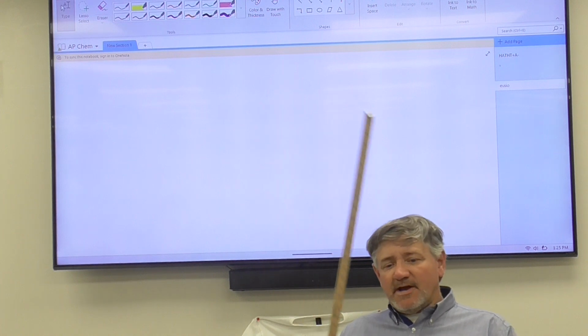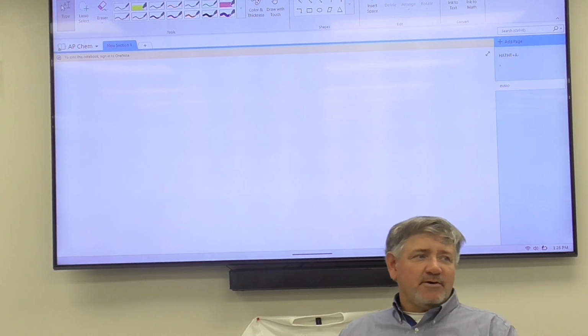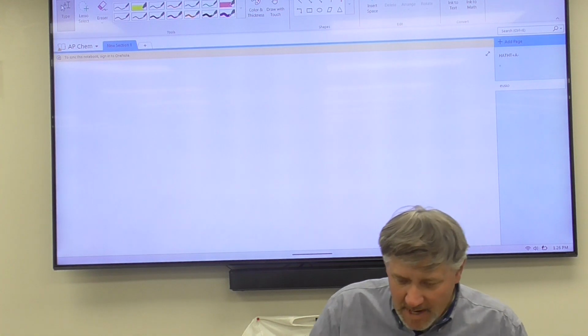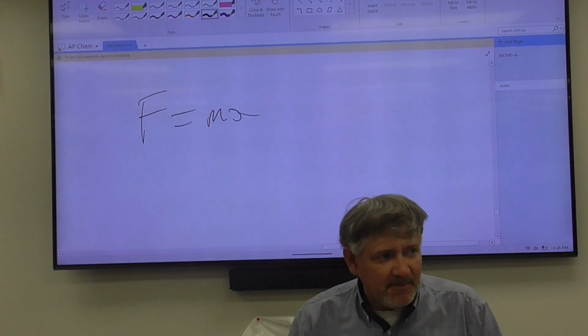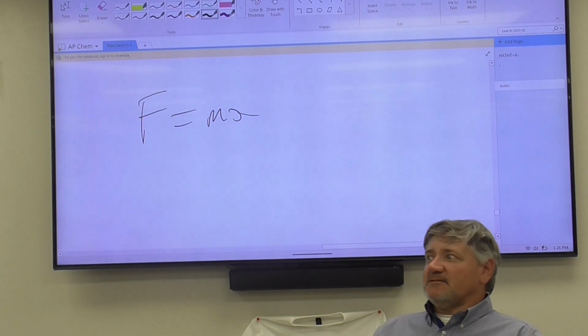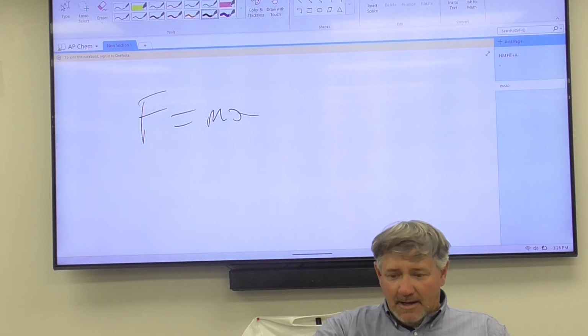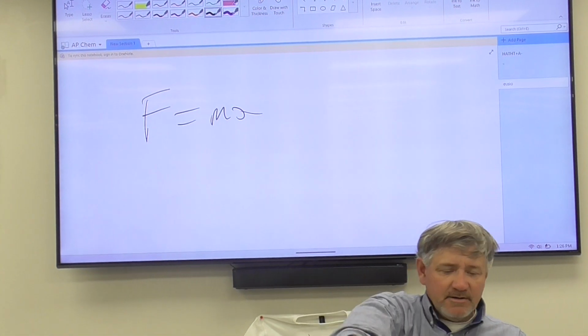So I want to figure out how much force is exerted by that fan on the cart. So what am I going to use? Perhaps F equals ma? There's a radical concept. So how can I determine the mass of said cart?